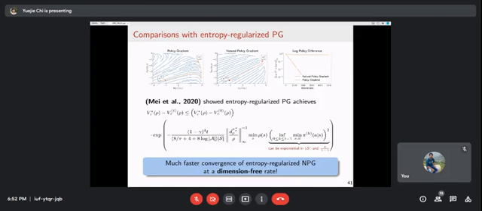But nonetheless, this result again has these unspecified parameters that can grow exponentially with respect to the size of the state space and effective horizon. On the other end, we are guaranteeing the linear convergence of entropy regularized NPG.